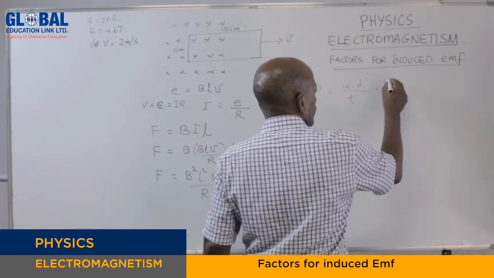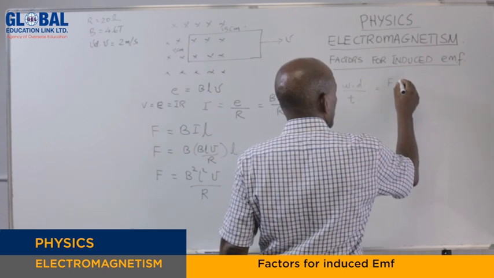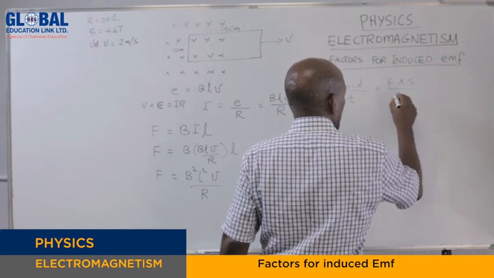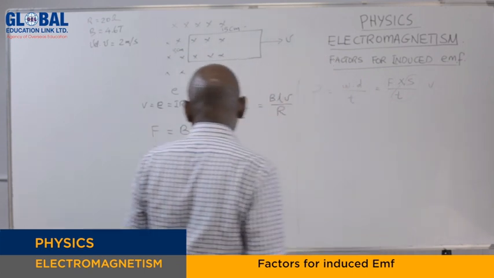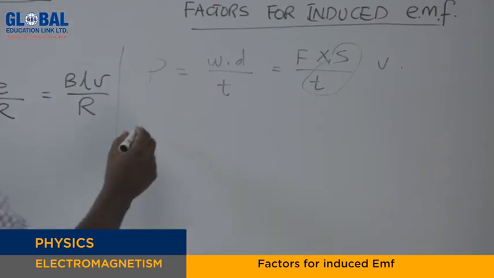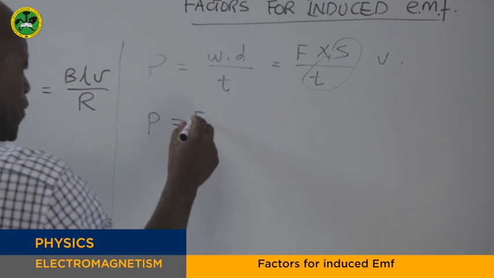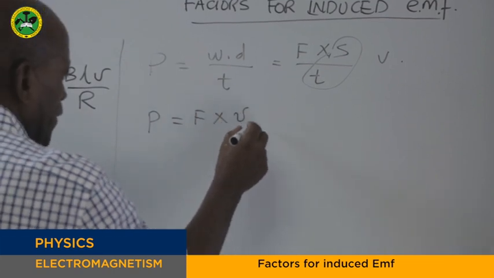Work done is equal to force times distance. We divide by time, but distance over time is the velocity. So the power is just the force times the velocity.